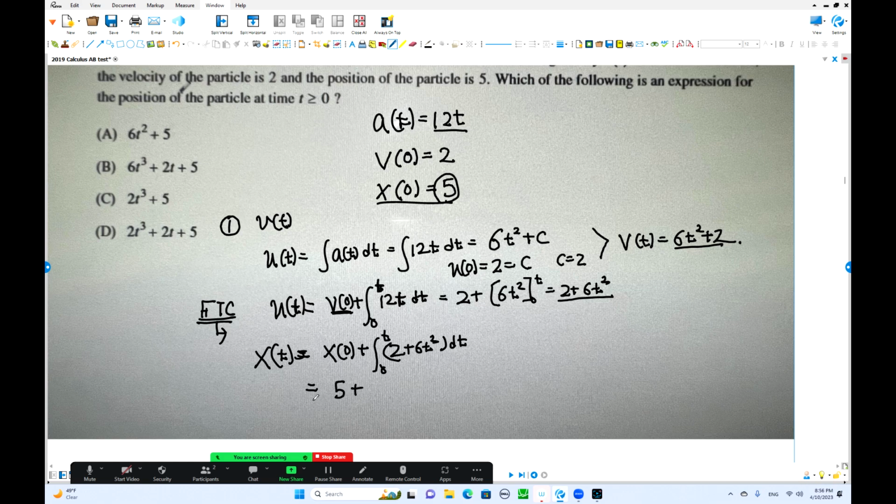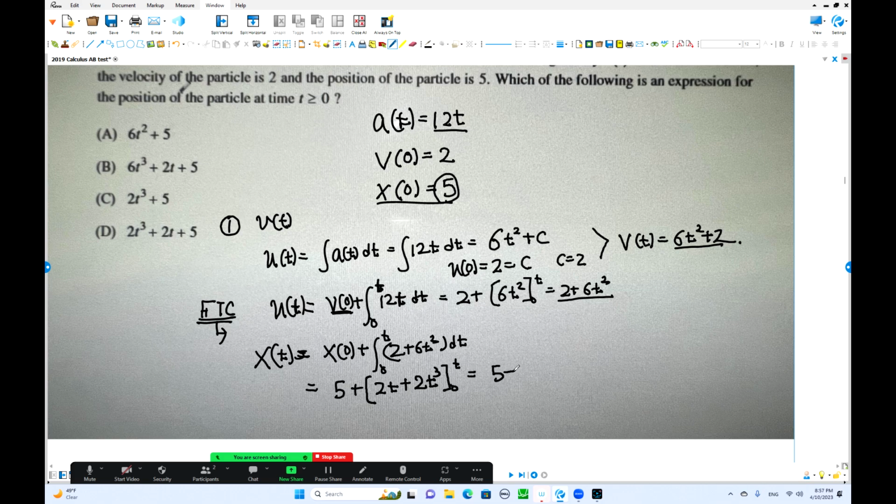This is better, actually, if the initial value is given. So the antiderivative: 2t is the antiderivative of 2, and for 6t squared, plus 1 gives t cubed divided by 3, times 6, is 2t cubed. From 0 to t.